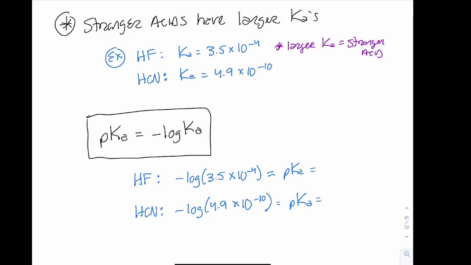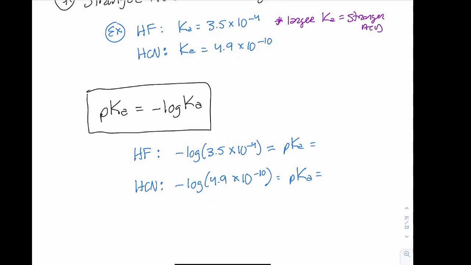Because these are going to be log values, we need to take into account that new significant digit rule, right? Only the digits after the decimal point are going to count. So I'm typing into my calculator right now. Hopefully you guys are going to do the same. And I get 3.46, right? My calculator comes out to 3.4559.